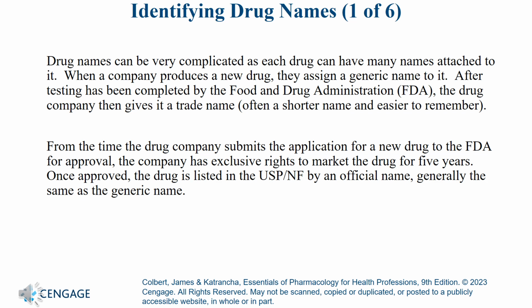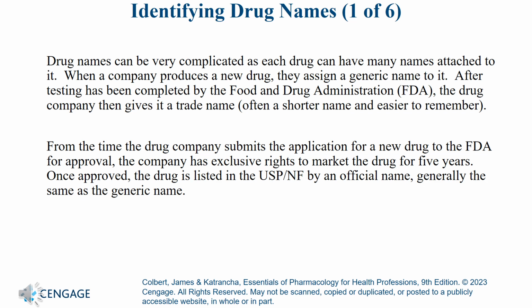Identifying drug names. Drug names can be very complicated, as each drug can have many names attached to it. When a company produces a new drug, they assign a generic name to it. After testing has been completed by the Food and Drug Administration, the FDA, the drug company then gives it a trade name, which is often a shorter name and easier for us to remember.